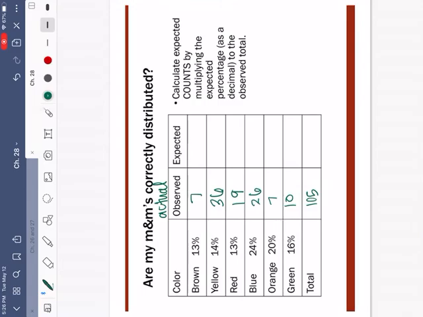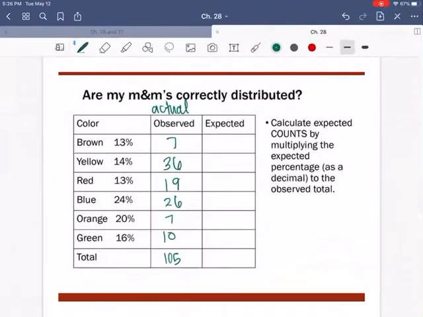Well, we can calculate the expected. So the observed is what actually happened. The expected is the number you would expect for each color in that pack of M&Ms. So out of 105, we would expect 13% of them to be brown.